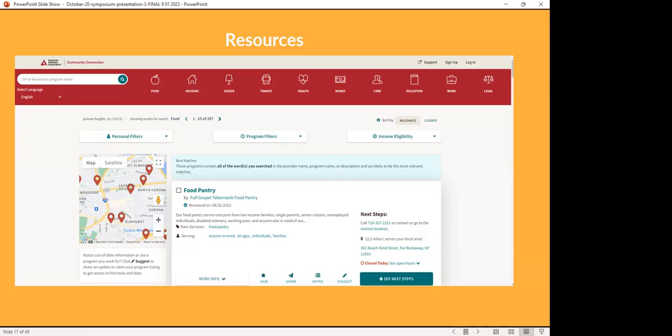So this is a great resource that you can find quickly available, so that you can use it. So I'm going to go back just in case you want to look at it again.